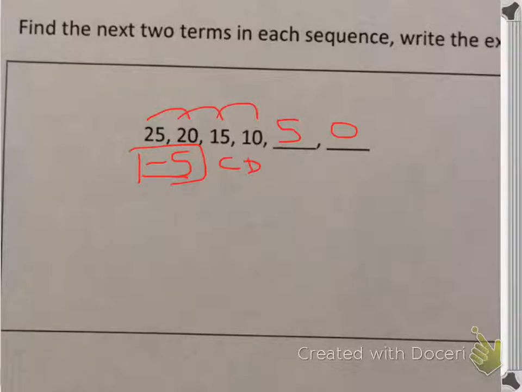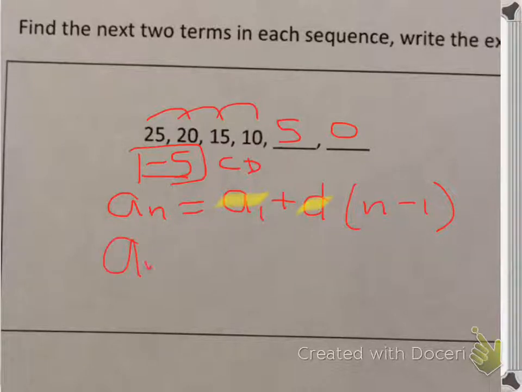Now though, I need to go back and look at that original formula to find my explicit formula. So it's a sub n equals a1 plus the common difference times n minus 1. Alright, so what do I need? I need a1 and I need the common difference, because the n is the variable that we always just keep in there. So a1 is my first term. My first term is 25.